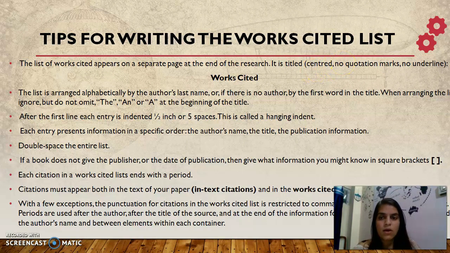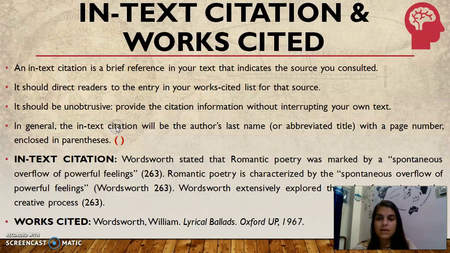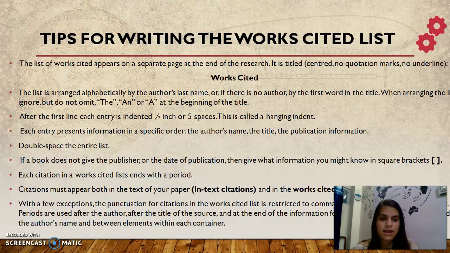All the works cited have to be arranged in alphabetical order, that means A to Z, and every line after the first has to be indented 1.5 inch or 5 spaces in the hanging indent, like I showed you in the document.